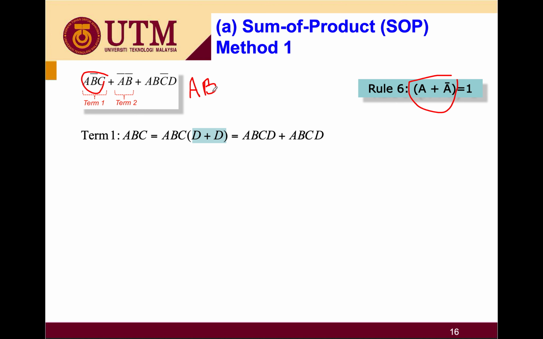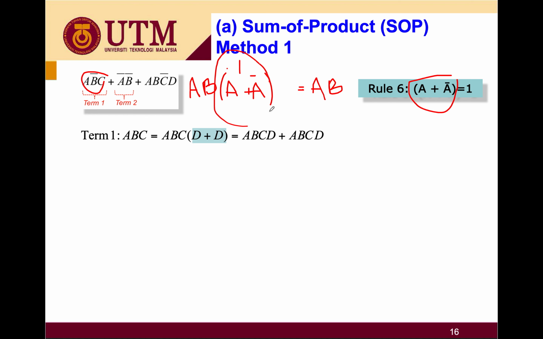I'll give you another example. Let's say you have AB, and the complete variables will be ABC, but in the first term you only have AB, so you need to multiply it with rule number 6. So you have it like this. This is referred to as 1. So if AB dot 1, you multiply it, you will get AB also, isn't it?